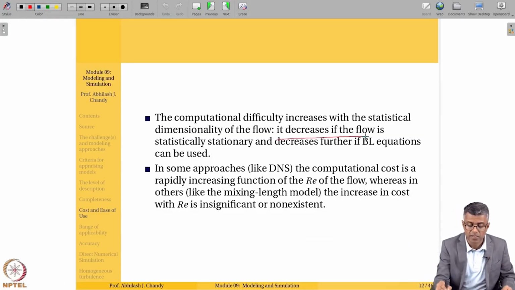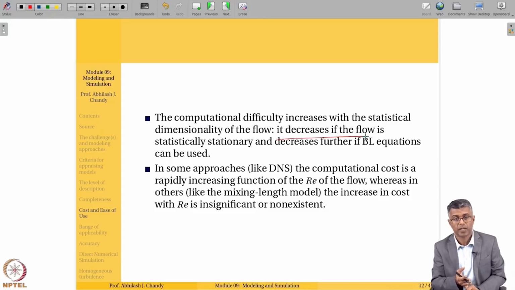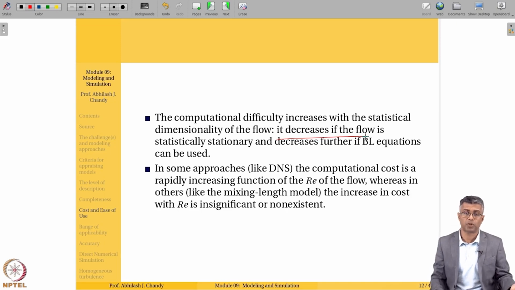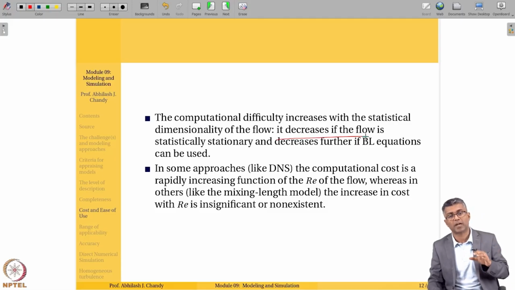So it decreases if the flow is statistically stationary and decreases further if the boundary layer equations can be used. If you can use a boundary layer approximation, it's relatively simpler. That is what happens when you're using a mixing length model, and that is what I mean by cost and ease of use.